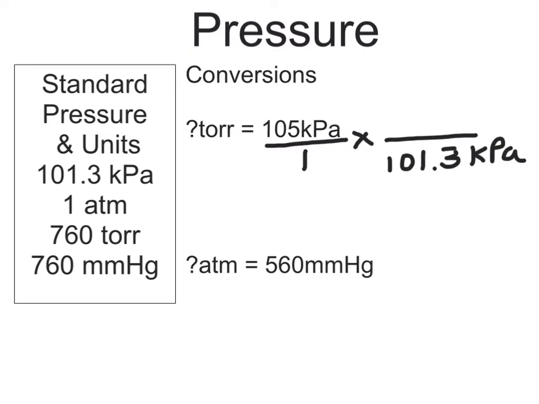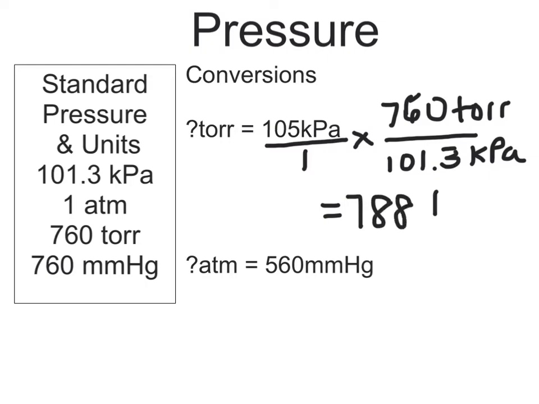So again I look at the chart on the left and I see that my standard pressure in torr is 760. So that value gets placed on the top of my fraction, 760 torr. To solve my problem, I'm going to take 105 times 760 divided by 101.3, and I get a value of 788 torr.